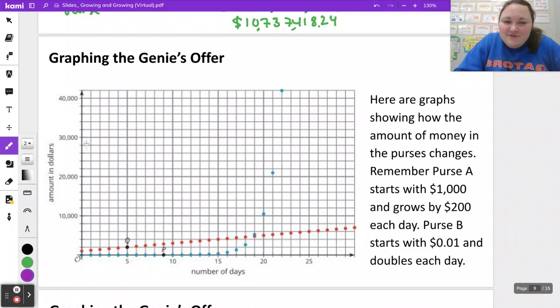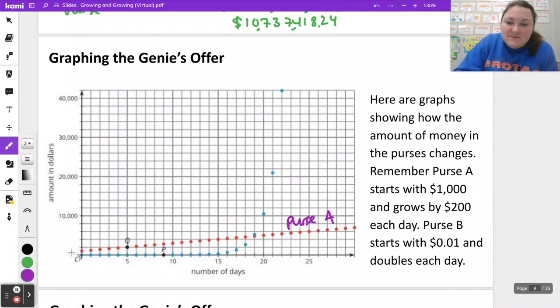Purse A was the one that starts with $1,000 and is growing by $200 each day. And so there's a variety of strategies you could use to know that this red line here is our purse A. One way is to look at the starting points. Notice that the red line starts higher than the blue line.